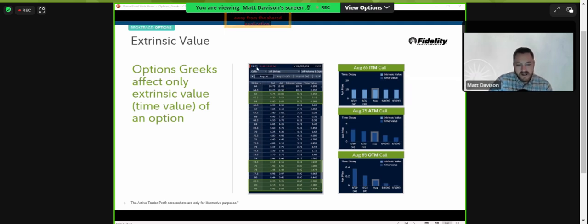We're looking at a stock that's $74.73. And we're looking at calls here. And when we look at the ones that are below the strike, below the current market price, well, they're going to have both. They're going to have intrinsic value, because think about why that is.